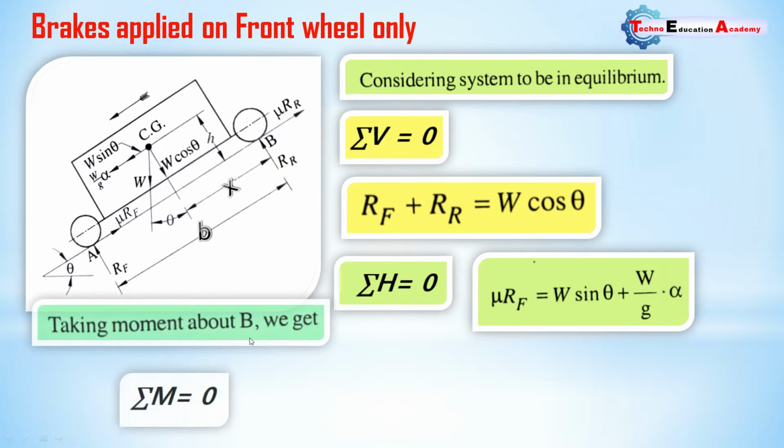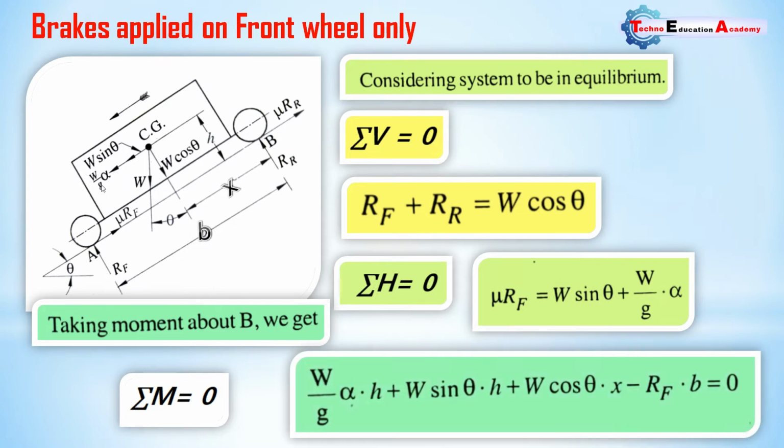Now we are taking the moment about point B. We know that moment means force into perpendicular distance. So at point B, we are considering all forces perpendicular to the different forces.